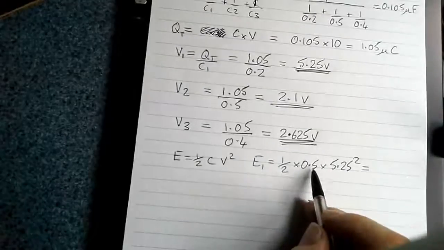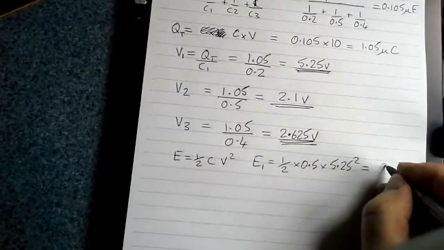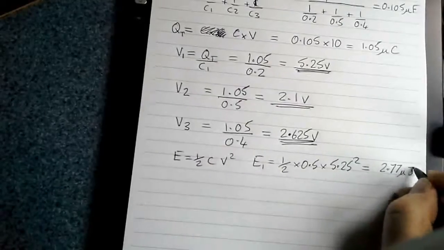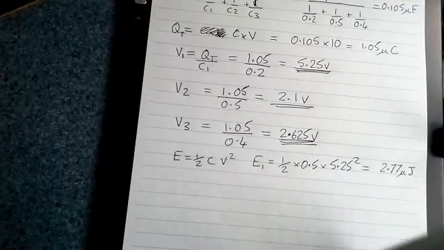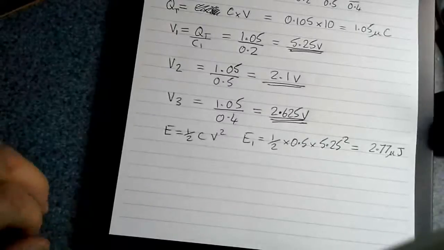And as I'm putting it in microfarads, I'm going to get an answer in microcoulombs. And that comes out at 2.77 microjoules. Sorry, not microcoulombs, microjoules. It's amazing how many mistakes you make as soon as you start recording.